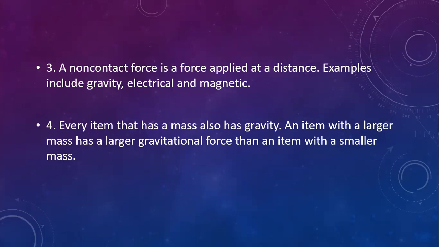A good example is the sun versus the moon. Both have a strong gravitational pull, but the sun's is much larger and much stronger. That's why it has a lot of planets orbiting it, and the moon itself doesn't have other items orbiting it. So any item with a large mass has a large gravitational force. Anything with a smaller mass has a small one.